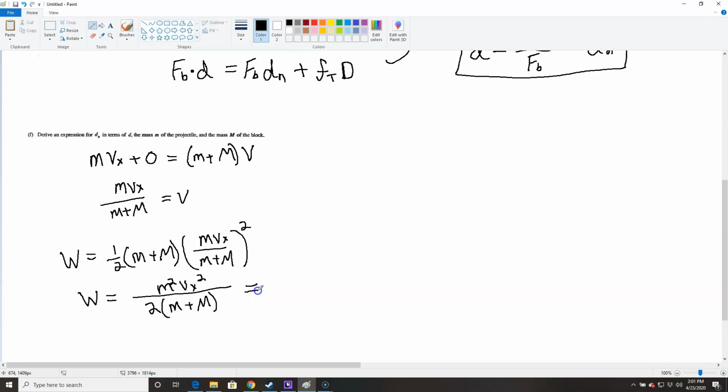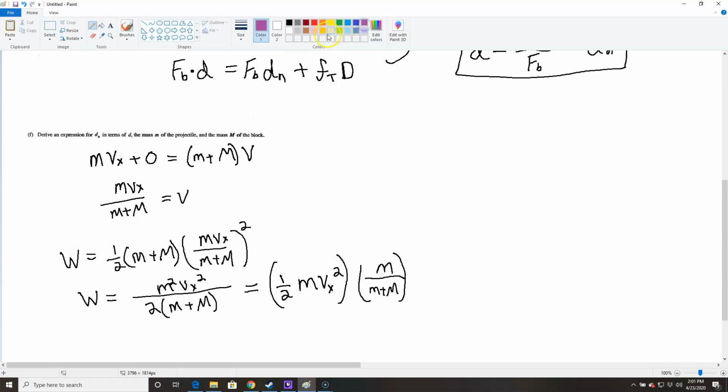This is why this problem is kind of ridiculous. I'm going to factor out a 1/2 mvx squared. And what that will leave me with is an m over m plus big M.